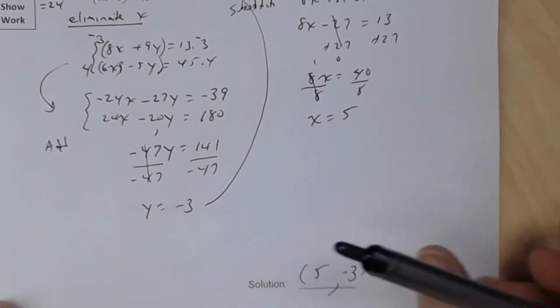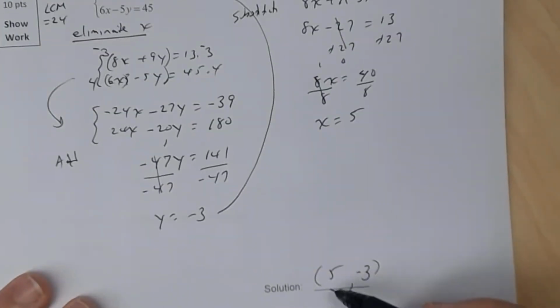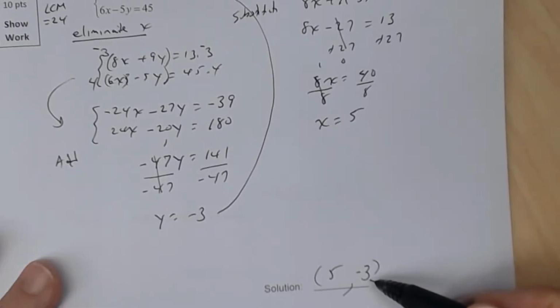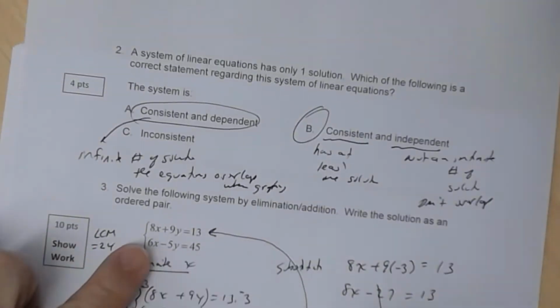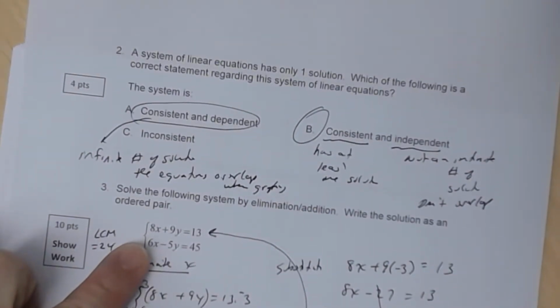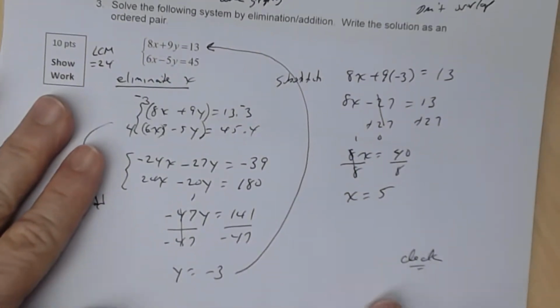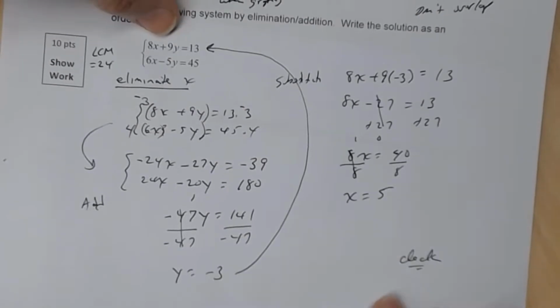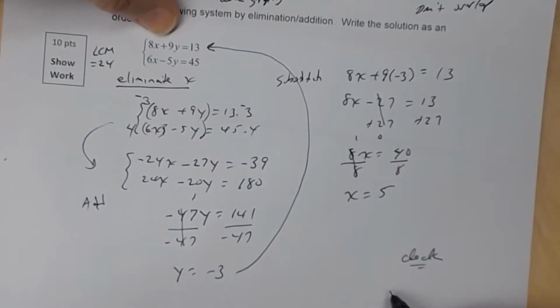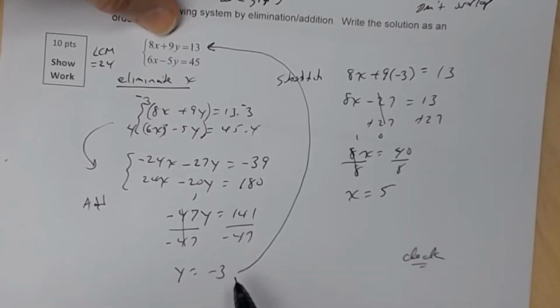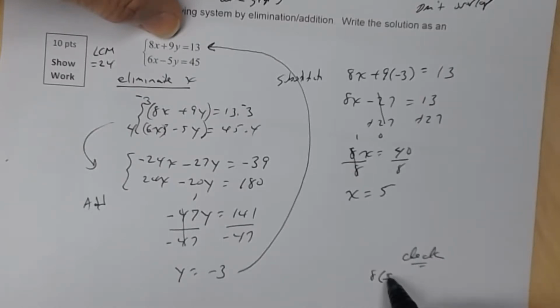And you can check. You can go back to the originals and substitute 5 in place of x, and -3 in place of y. Usually when a test is timed, you don't have time to do that. But if you did, wherever you see the variable x, you plug in 5, and wherever you see the variable y, you plug in -3. So I get 8 times 5 plus 9 times -3.